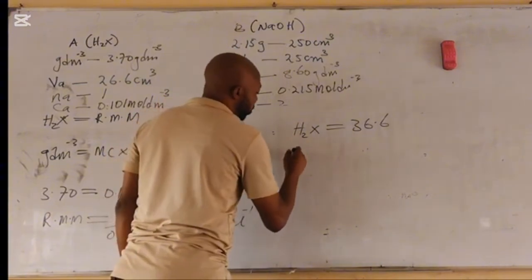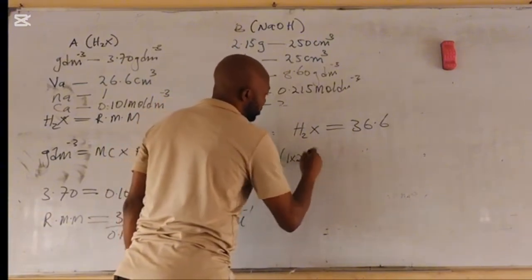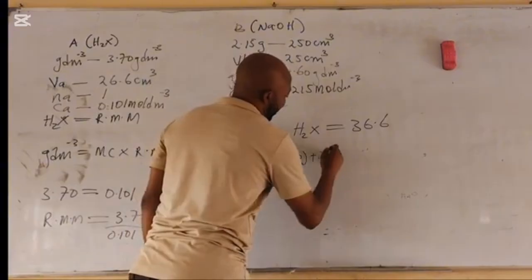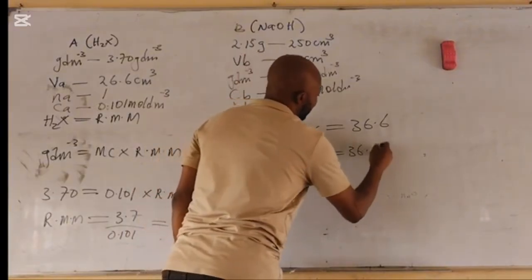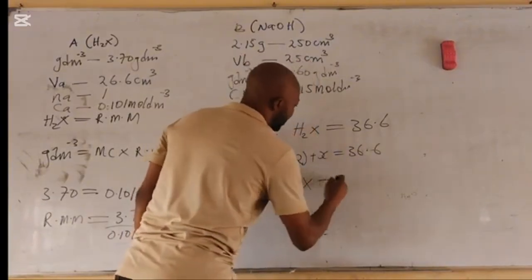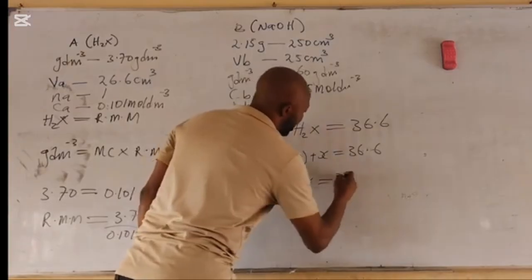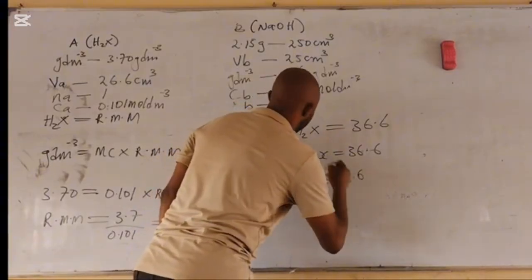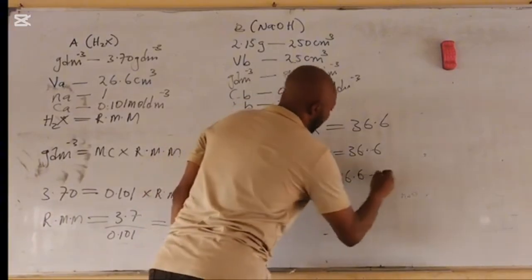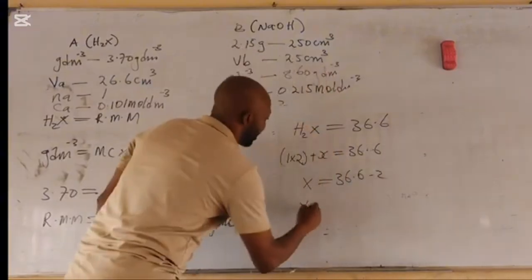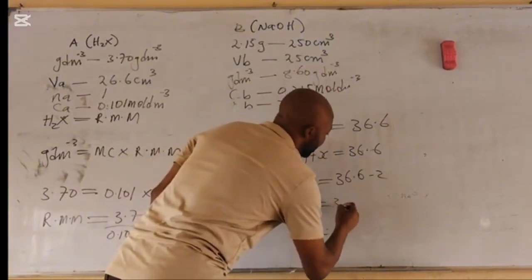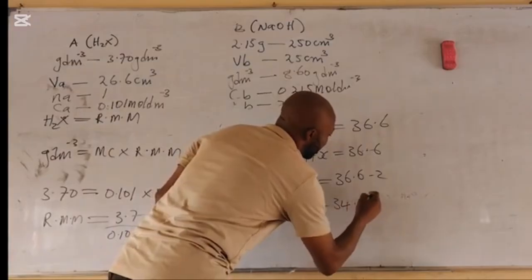Hydrogen here is 1 times 2 plus X is equal to 36.6. My X is equal to 36.6 minus 2. My X is equal to 34.6.